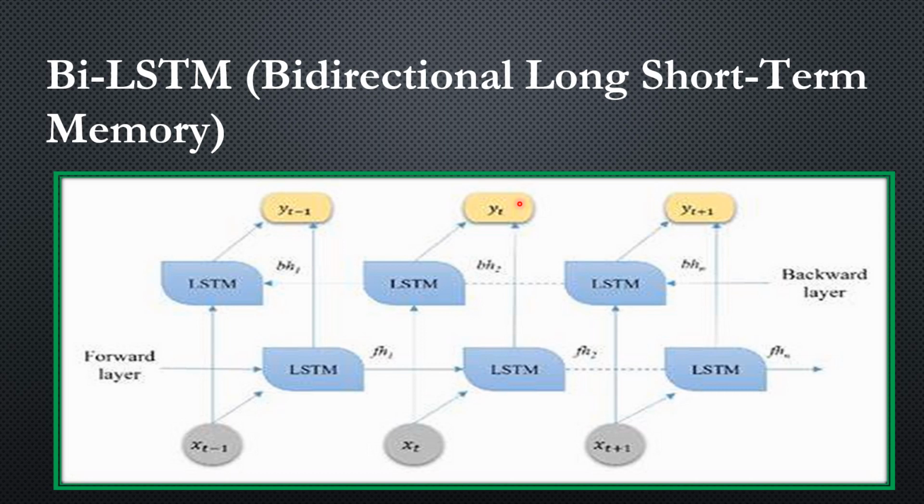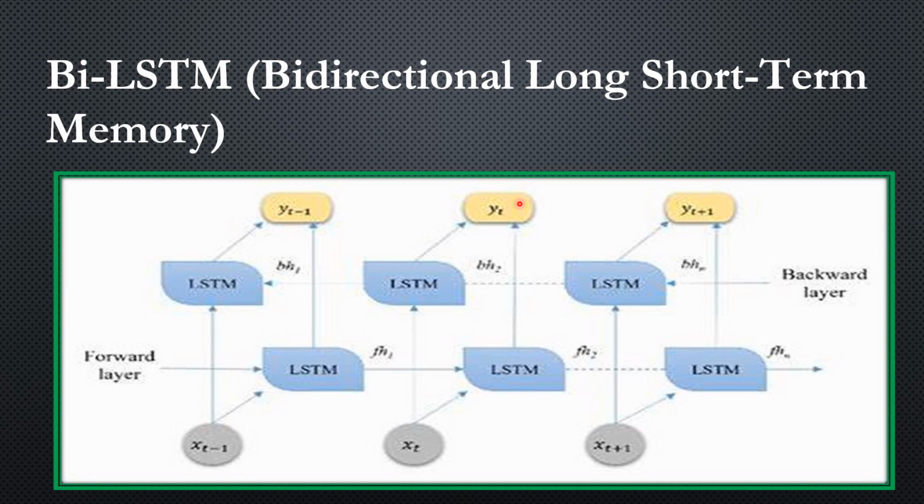But in the right to left direction, the LSTM will process the sentence in reverse order, from right to left. This allows it to capture information about the context of words from the future, providing a more complete understanding of the sentence.